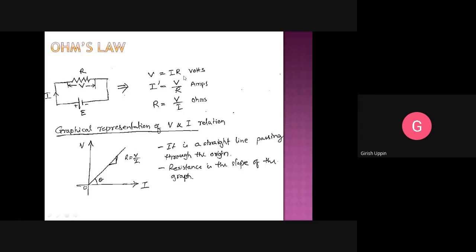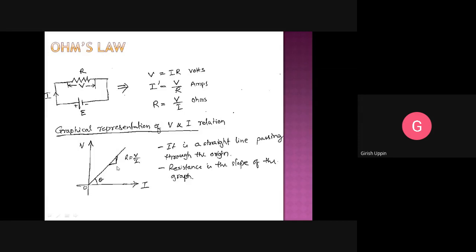If you represent the voltage and the current, say you conduct an experiment and slowly increase the voltage and find the corresponding current, and then plot all those points on a graph, you will get a straight line.